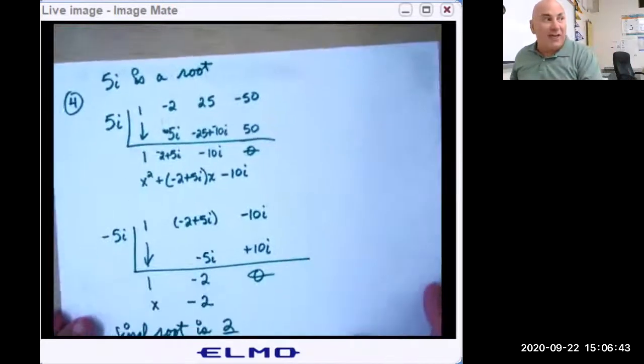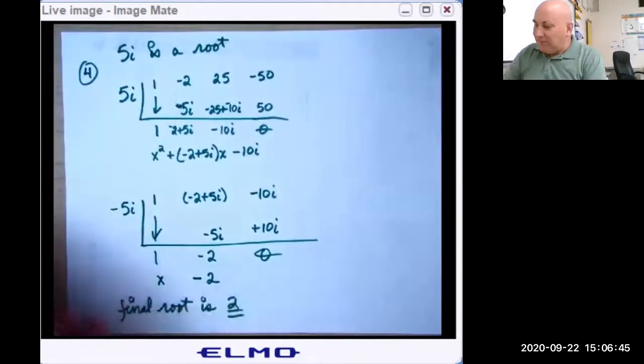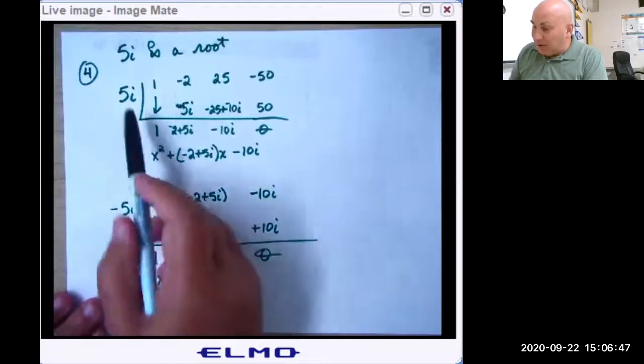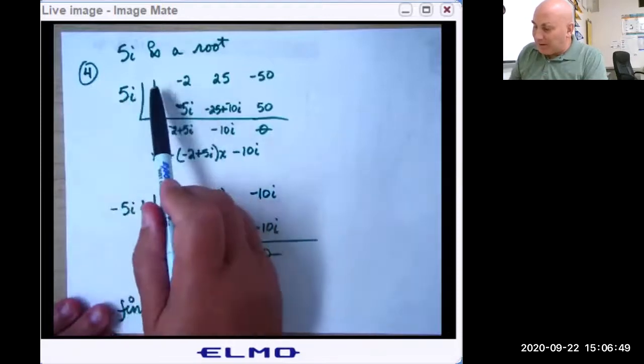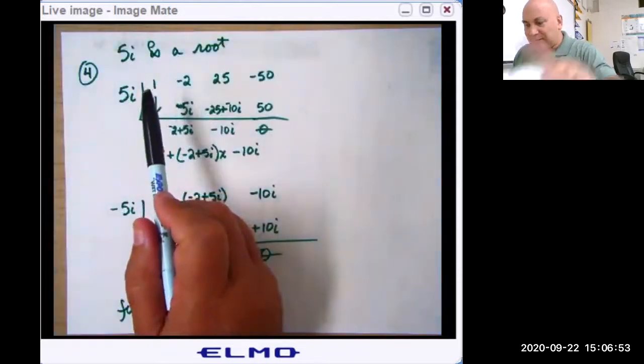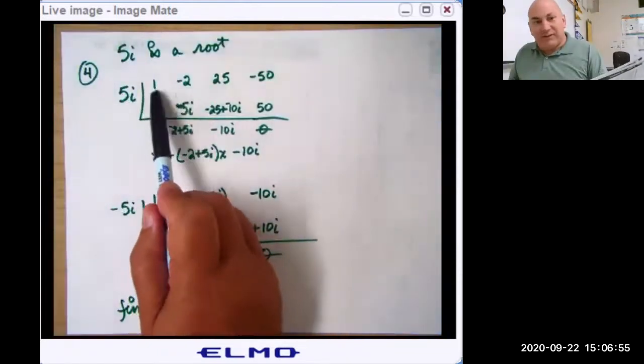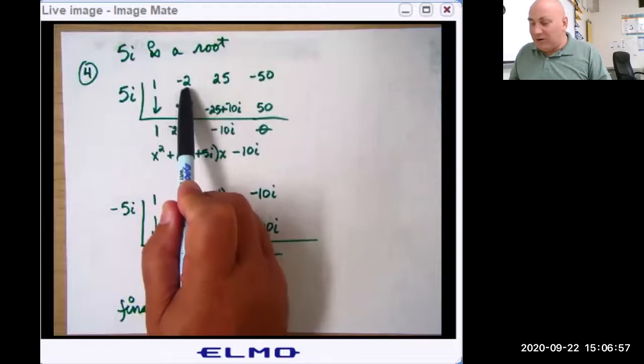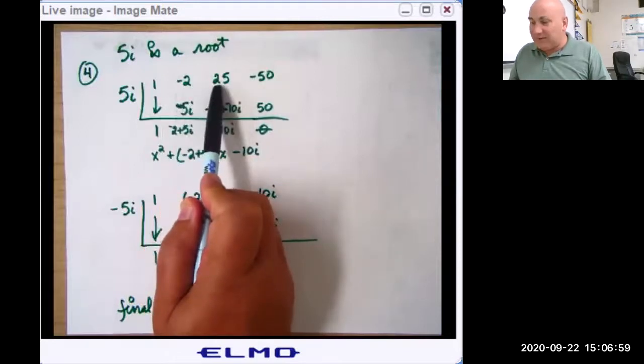There's a fourth way. You see how we're combining a lot of the things that we've learned over the last few lessons. If 5i is a root, then I know I can do 5i. What's the entire polynomial? I've forgotten now. It's 1x cubed minus 2x squared plus 25x minus 50.